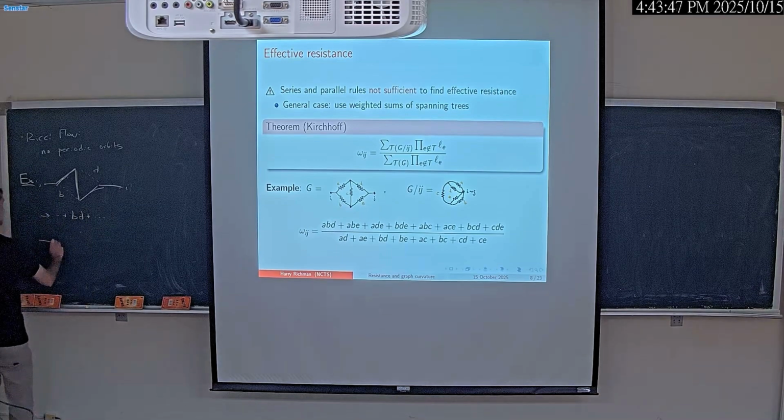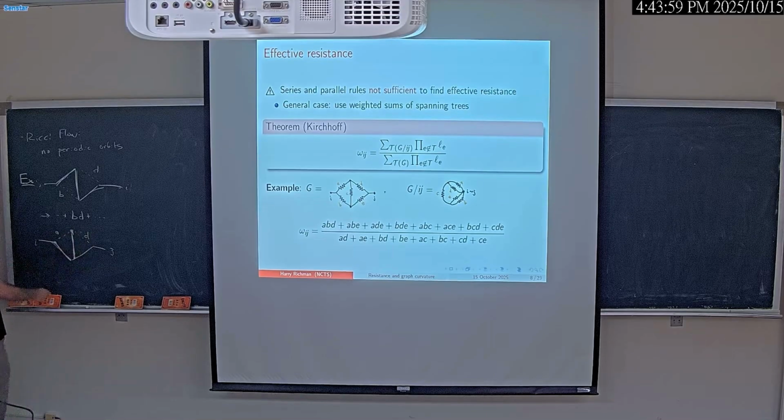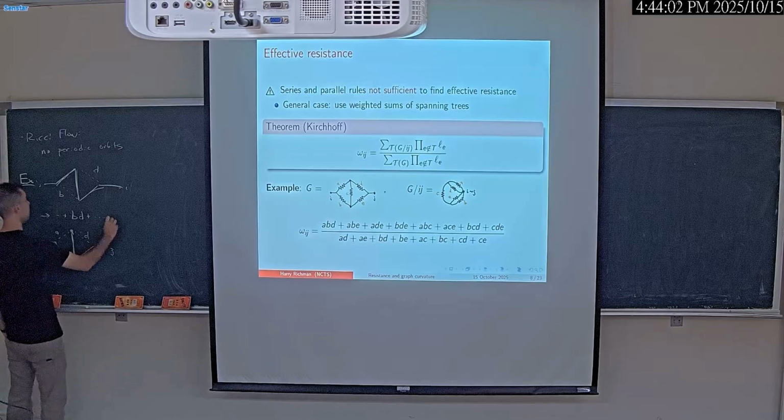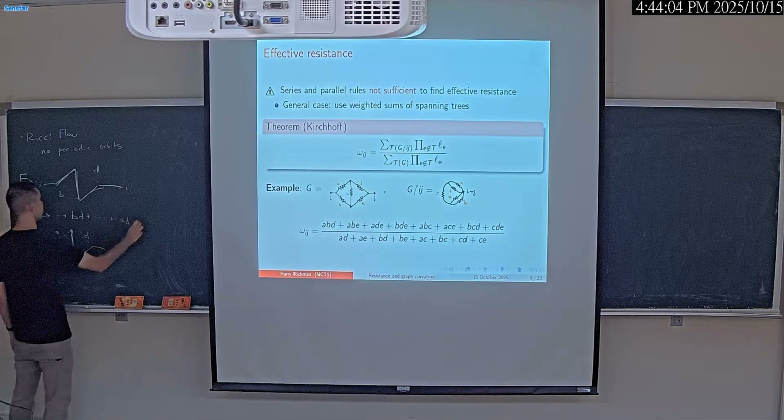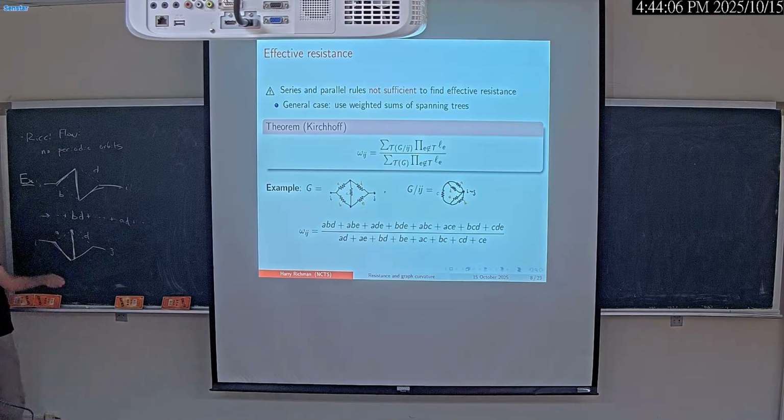Another spanning tree would be, say, if we take these 3 edges and we delete edge A and edge C. So we also get a spanning tree here. And so we'll also see there's an AD term that appears.